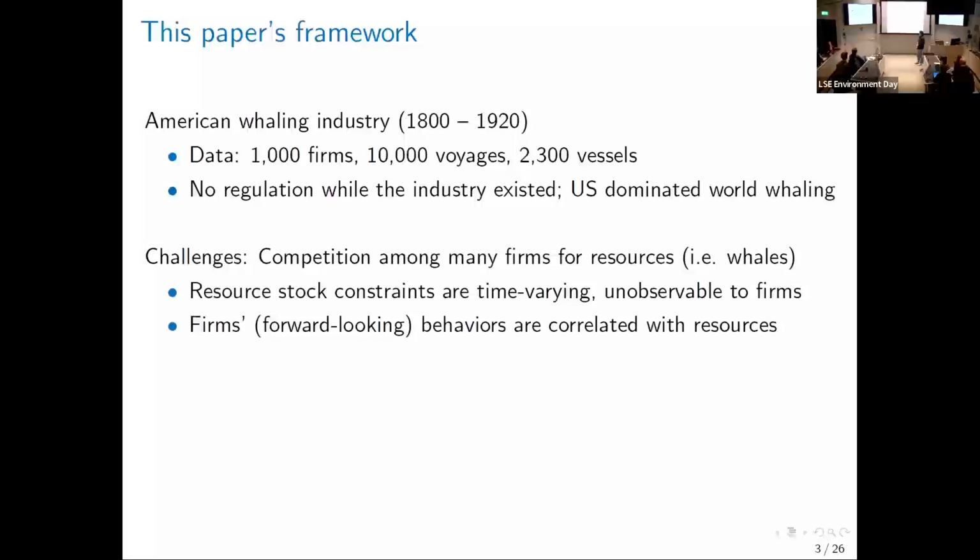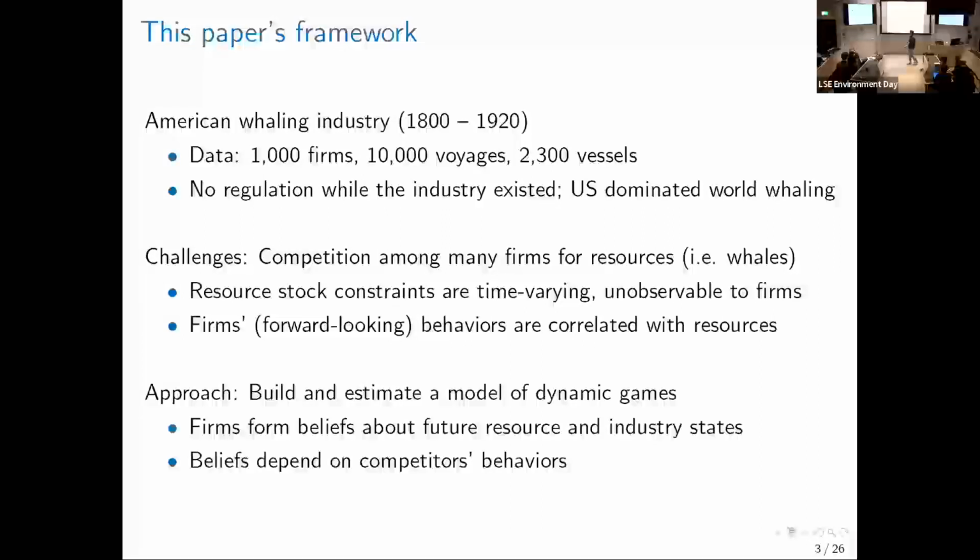But the empirical challenge is that the competition for resources, in this case whales, was so severe. So there were many firms, and resource stock constraints are time varying and, of course, also unobservable to firms. Moreover, the firms' dynamic behaviors are correlated with this resource stock.